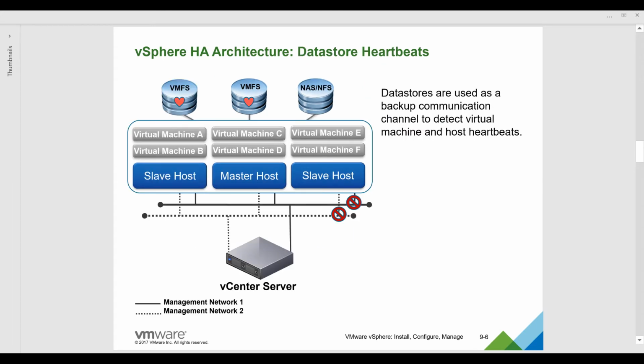Again, it'll use the data store heartbeats with that lock file on each data store as a backup to where it can't talk over the network. We share these data stores. Is that file being updated by him? Is he still alive? Is he still up?